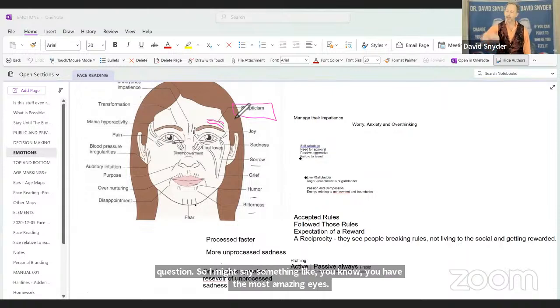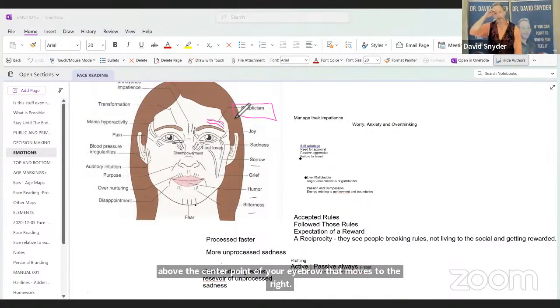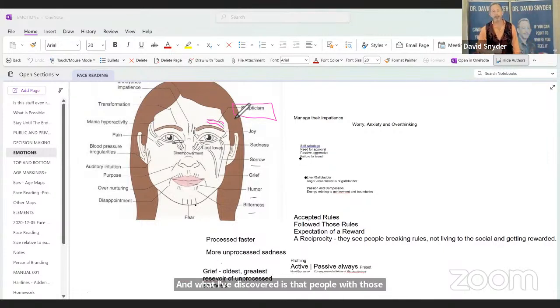And I've noticed that there's this marking right above the center point of your eyebrow that moves to the right. And what I've discovered is that people with those particular markings or that particular line are very, very evidence driven. They tend to move through the world with a kind of a skeptical, show me the proof kind of energy. Would that be true for you?"